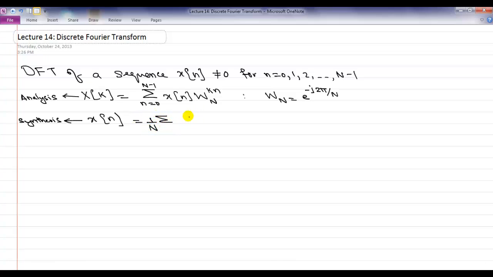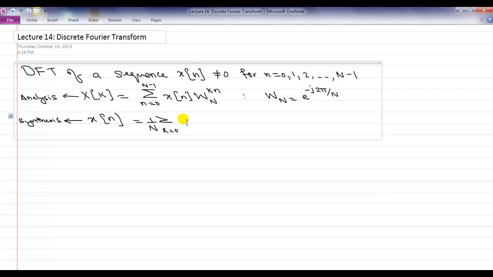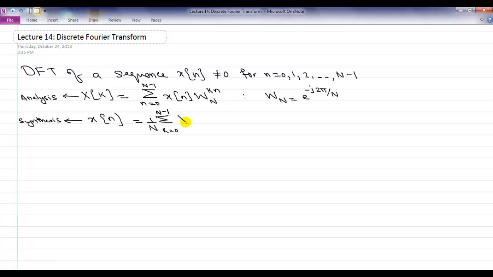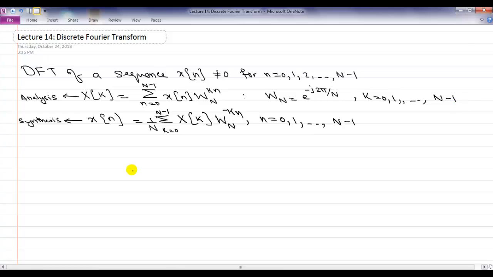We have 1 over N, and we have conjugation, summation k equal to 0 to N minus 1 of X[k] W_N^{-kn} for n equal to 0, 1 up to N minus 1, and this is for k equal to 0, 1 up to N minus 1.